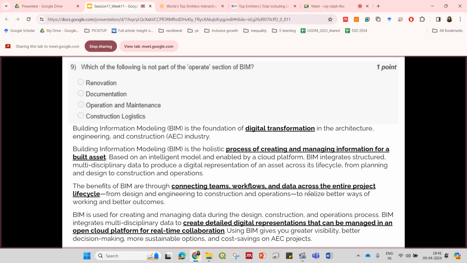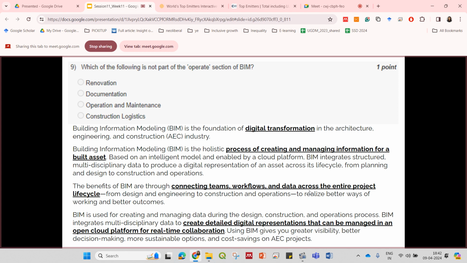How this helps you is by connecting the teams that are working on the design and construction of the built asset, by managing workflows, and by distributing or circulating data across the entire project lifecycle.